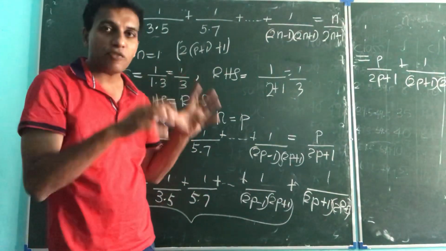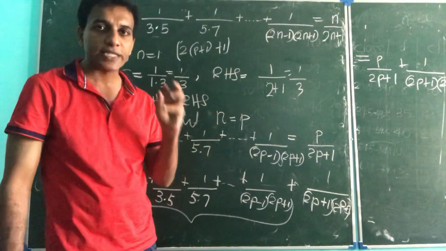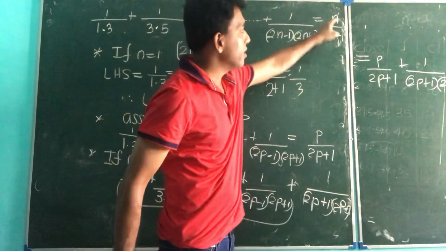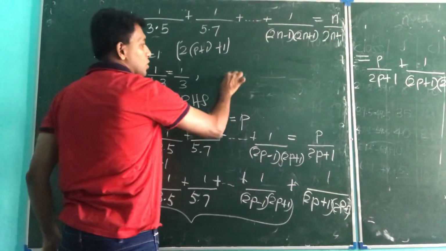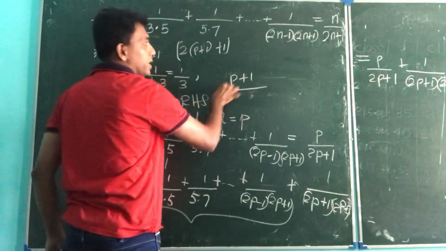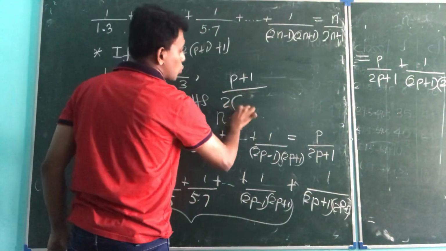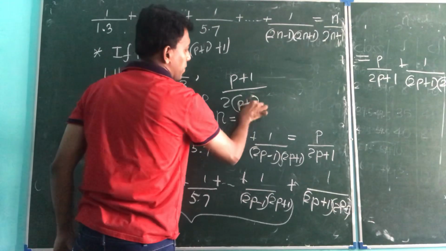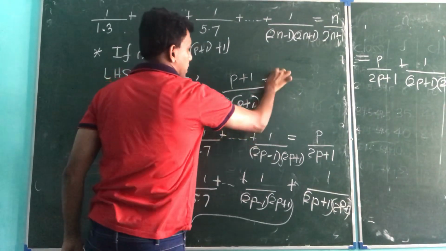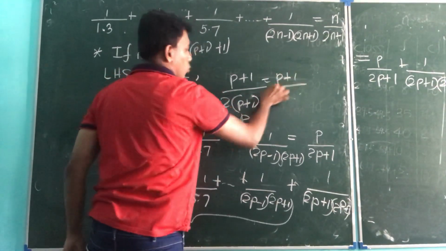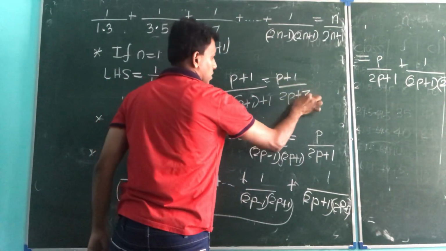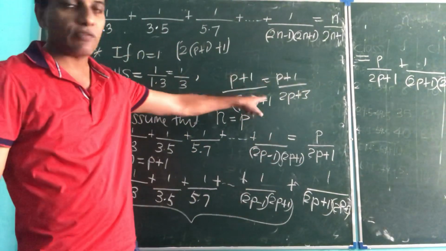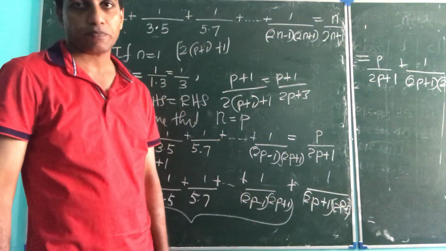Now you simplify, get the answer. What is the answer to be shown? If you put n equal p plus 1 in the original problem, p plus 1 over 2 into (p plus 1) plus 1. So that is p plus 1 over 2p plus 3. Right? You have to show this answer after simplifying that.